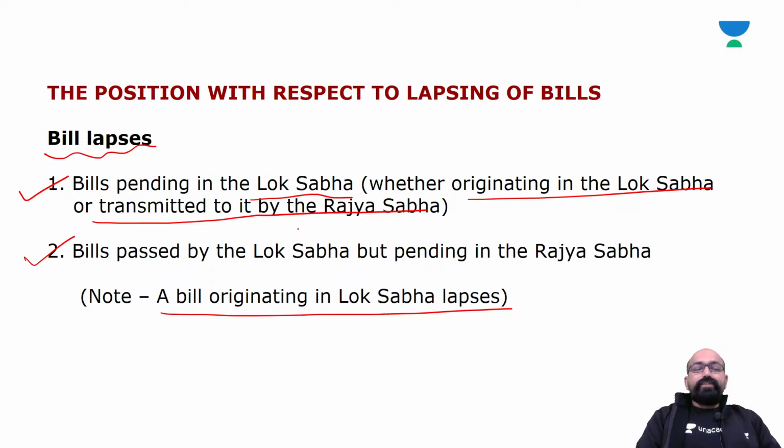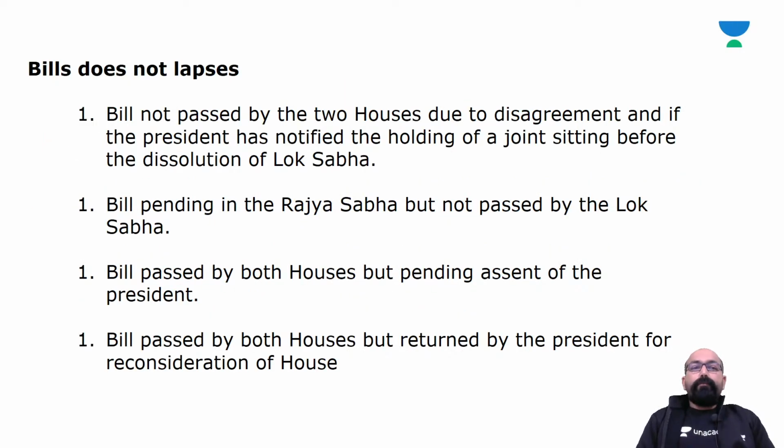Now, bills that do not lapse. First, a bill not passed by the two houses due to disagreement, if the president has notified the holding of a joint sitting before the dissolution of the Lok Sabha.